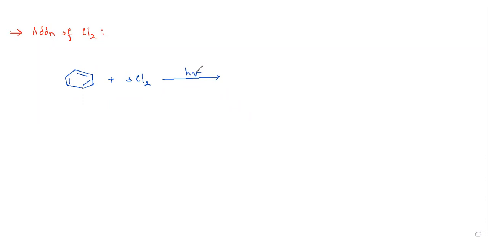Just as the halogenation we have seen in alkanes, even here, in the presence of sunlight, the chlorine atoms get added across the multiple bonds.